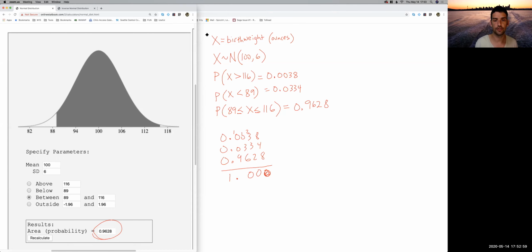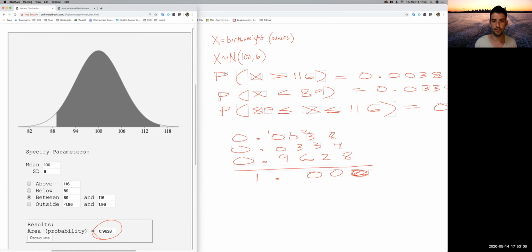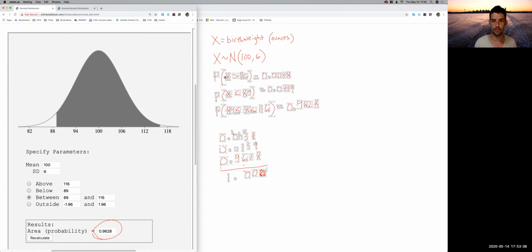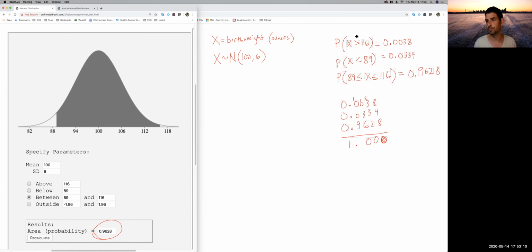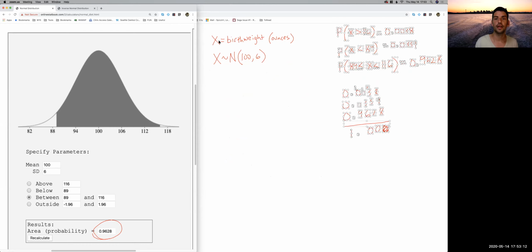Let's put this over here. Let's now ask the question, what is the 90th percentile?